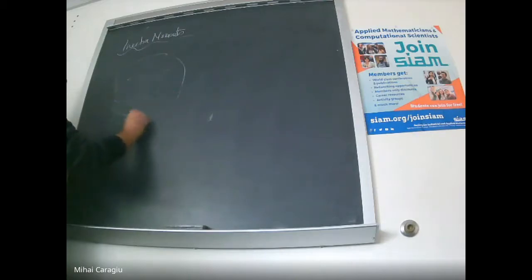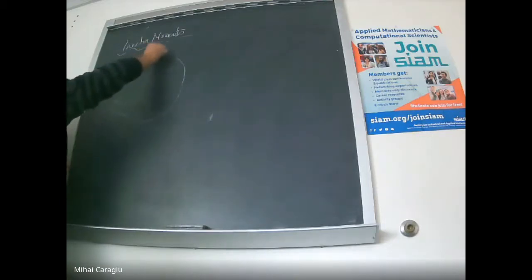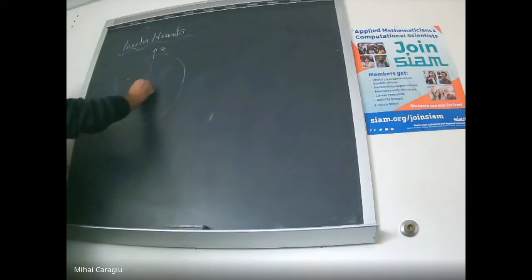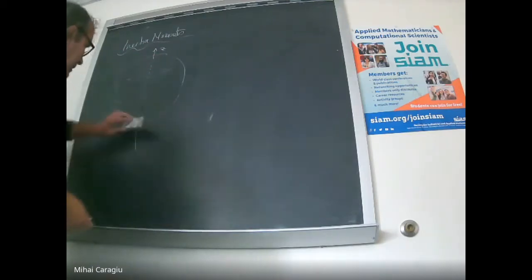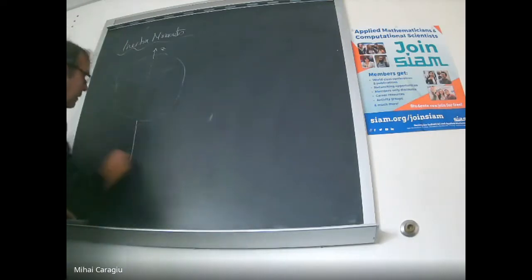So we have a solid, with the z-axis, as a solid in 3D. Right here, a solid in 3D.